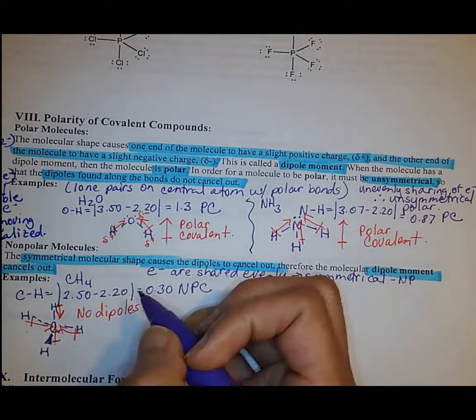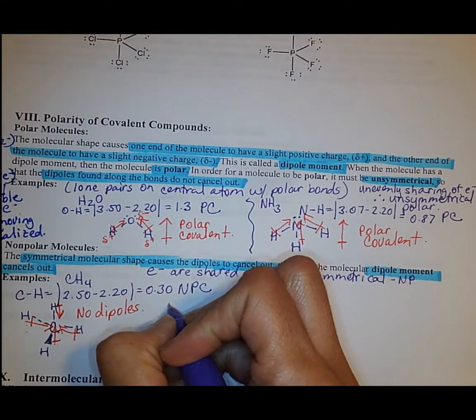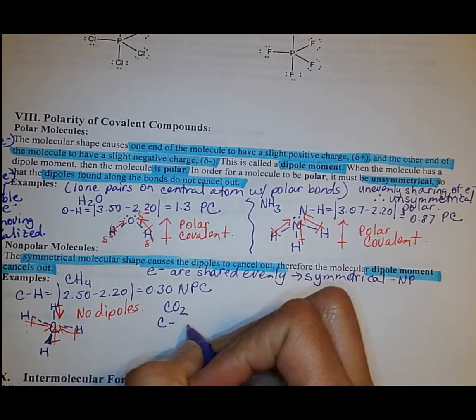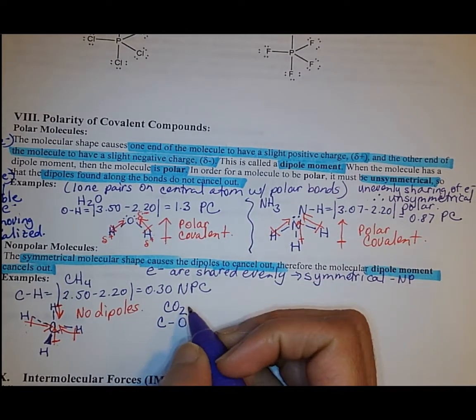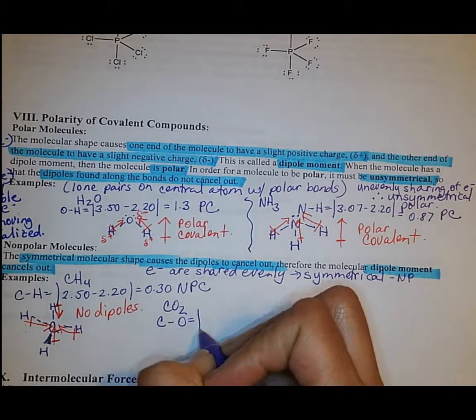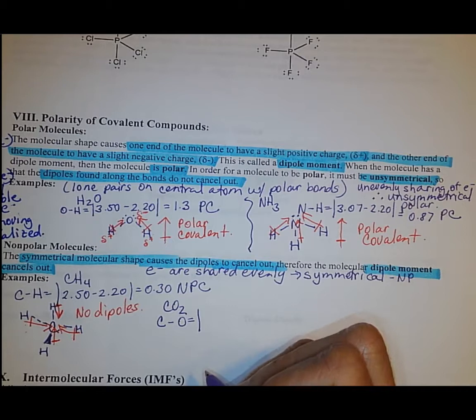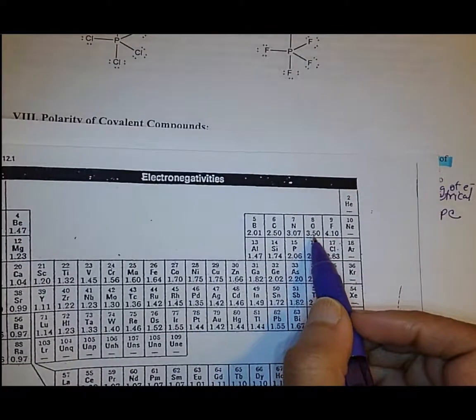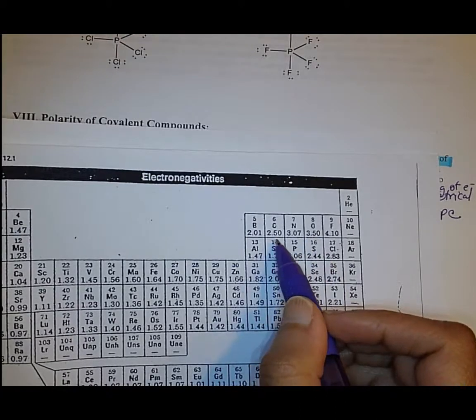Okay, let's do another one. Let's do carbon dioxide. So we'll do CO2 right here. When we do, we look at the electronegativity of carbon and oxygen. We're going to look at the math first. According to our electronegativity chart, oxygen is 3.50, carbon is 2.5.